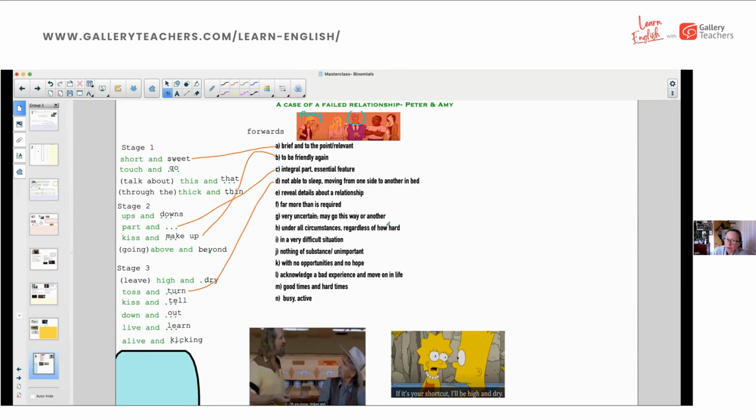Now, real details about a relationship. Kiss and tell, that's it. Maybe we can do it the other way around because it's easier for you just to provide letters. So touch and go, which one is touch and go? No, touch and go is unpredictability.